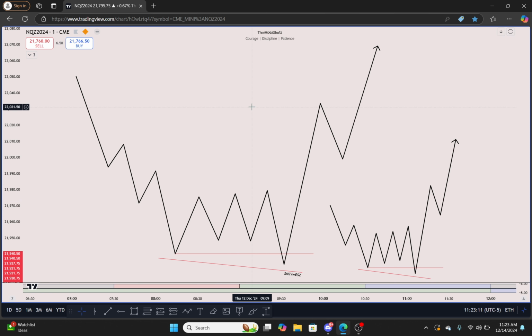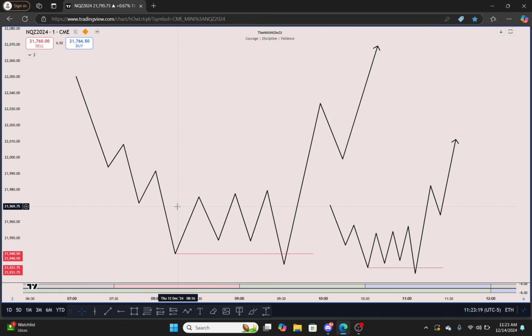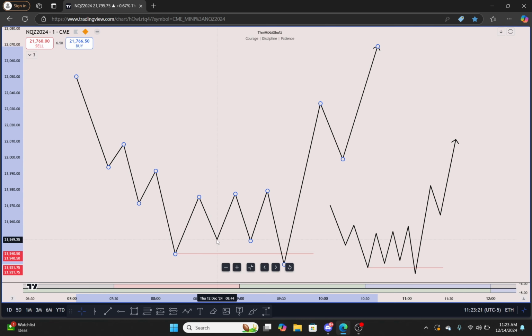If, for example, I noticed December 12th that ES and NQ are in sync, I don't need SMT on this purge here. Why do I not need SMT on this purge here?